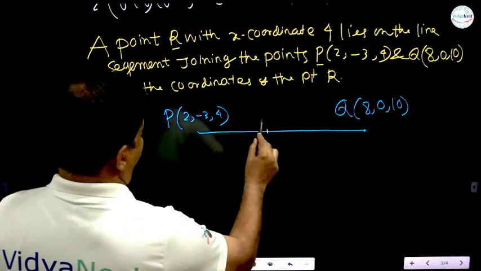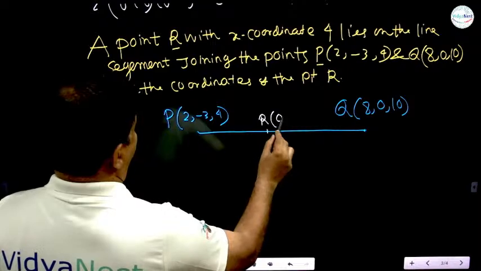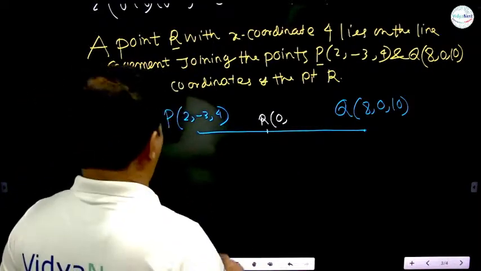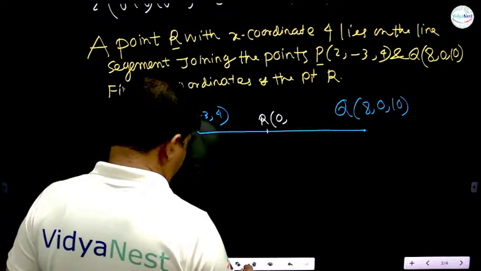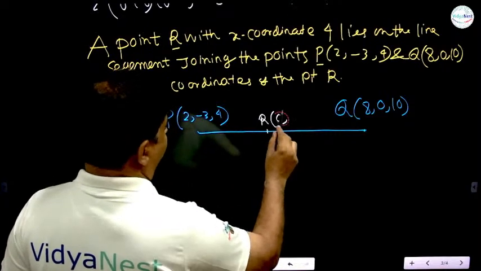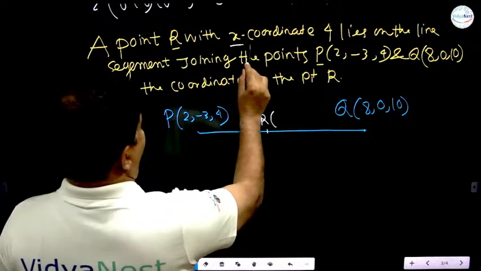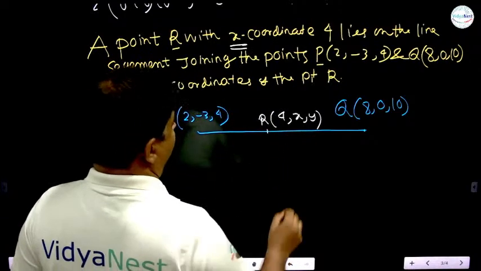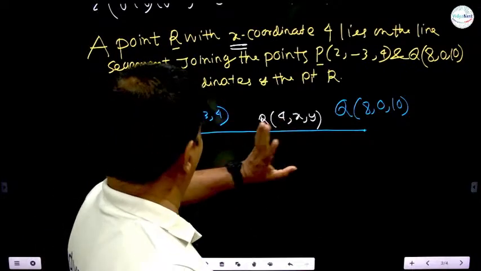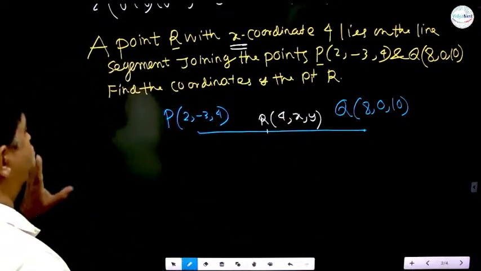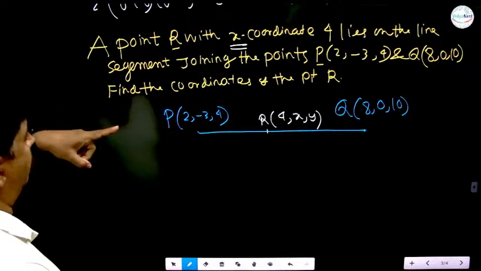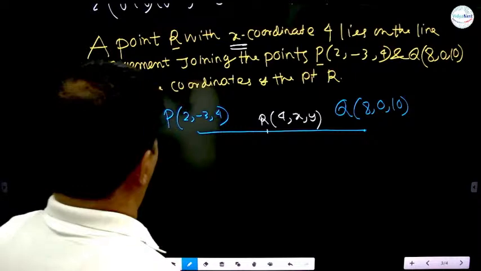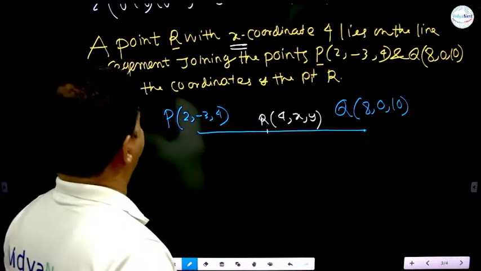I don't know the coordinates of R, but at least the x component is given, that is 4. The other two components I don't know.